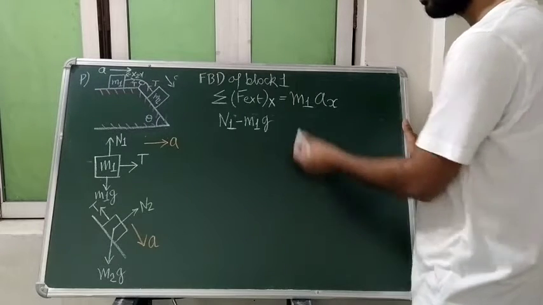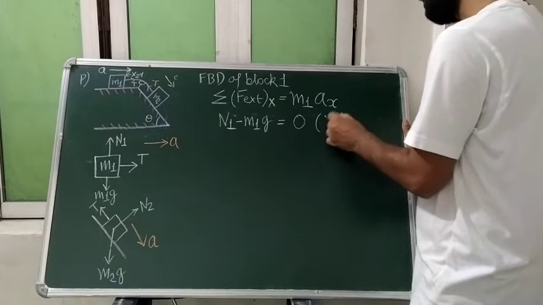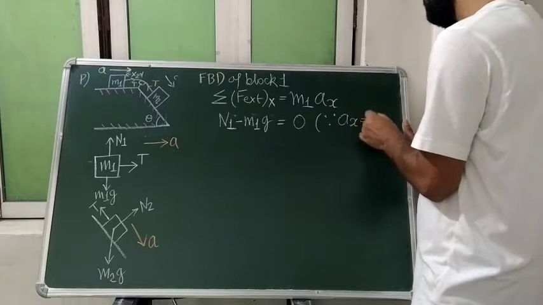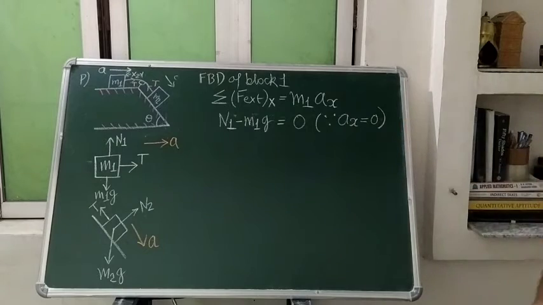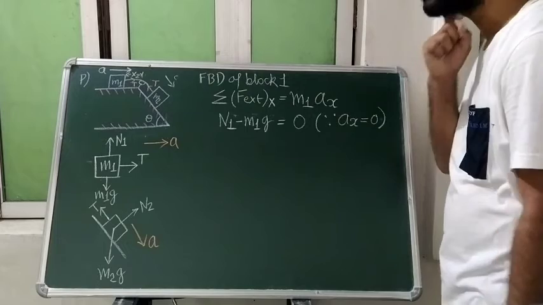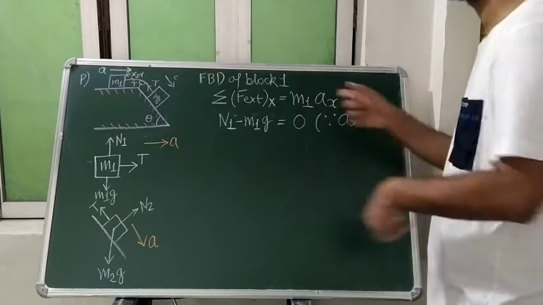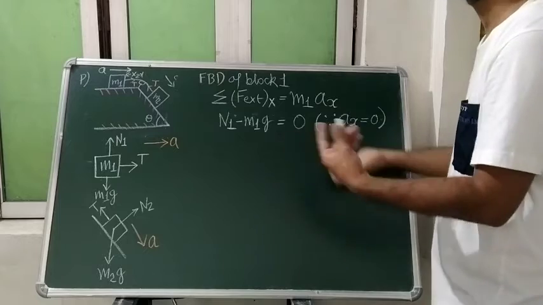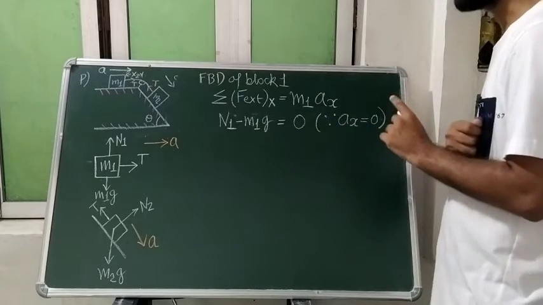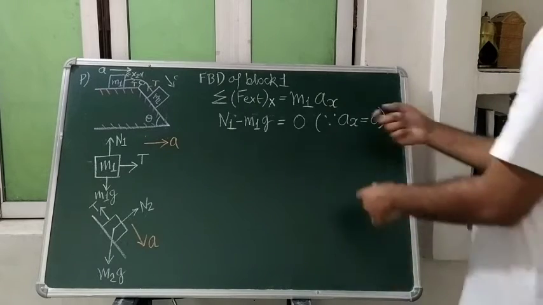No acceleration is there, so this equals 0. If no acceleration is present, which law applies? Newton's first law, which is a consequence of the second law; from the second law we can derive the first, and vice versa. So the acceleration is 0.